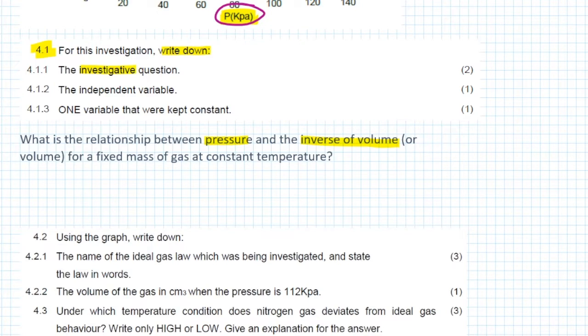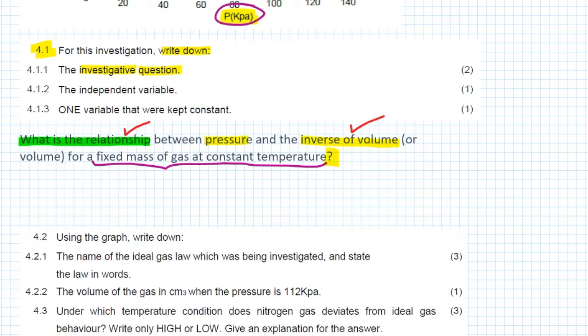That is going to get you 1 mark, and then 1 mark for the way in which you ask the question. What is the relationship between these values? If the question is out of 3 marks, then the 3rd mark will be awarded for mentioning your controls or constant variables. But in this case, the question is only out of 2 marks. Please don't forget that a question ends with a question mark. And that is your 2 marks for question 4.1.1.